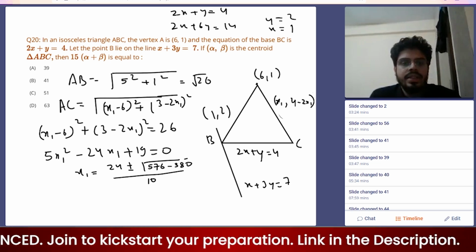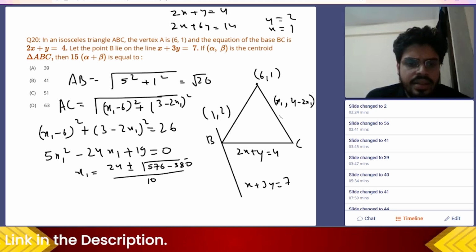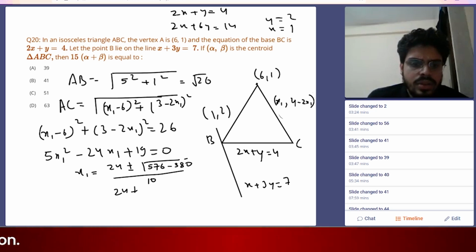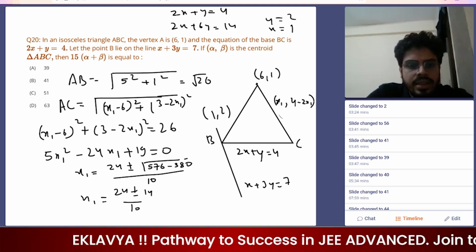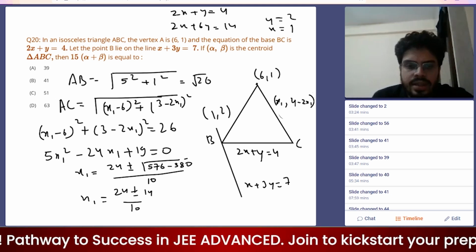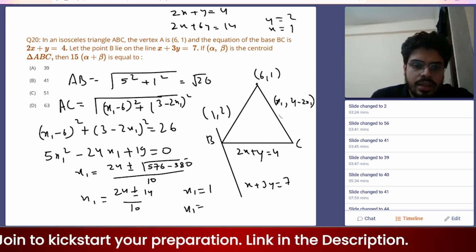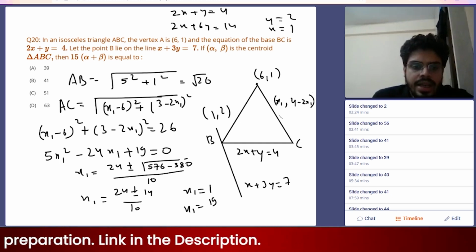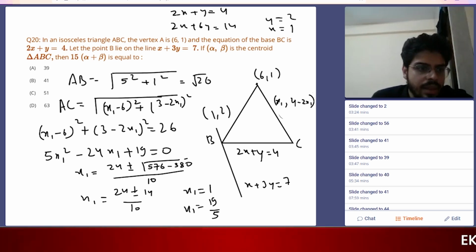So 576 minus 380 is 196, and root of 196 is 14. So from here, one value I'll get is 24 minus 14, 10 by 10, that is 1. So x1 is equal to 1, or x1 can be equal to 38 by 10, that is 19 by 5. So these are the two values of x1 I'm getting.